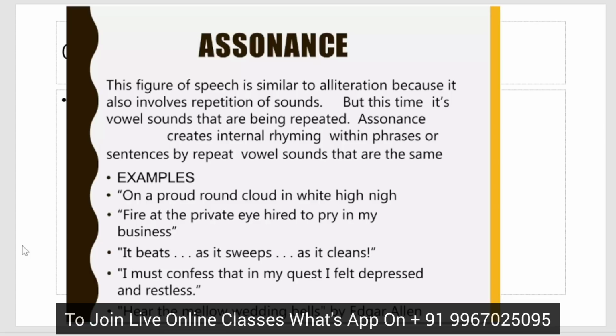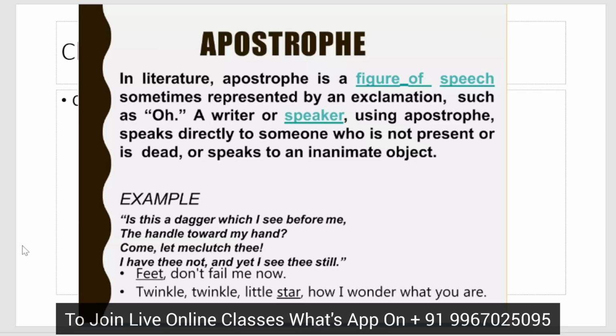So there is a repetition of vowel sounds. That is assonance. Don't get confused between alliteration and assonance. Let me repeat again, alliteration is repetition of consonant sounds. Generally, students take it as a repetition of sounds or words. They forget to focus on consonant sounds.